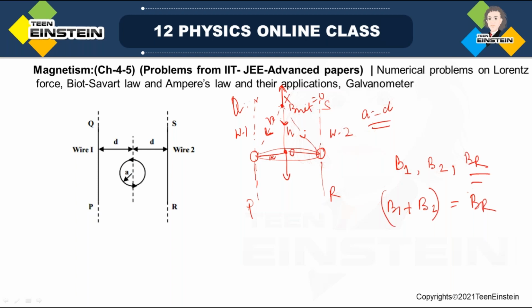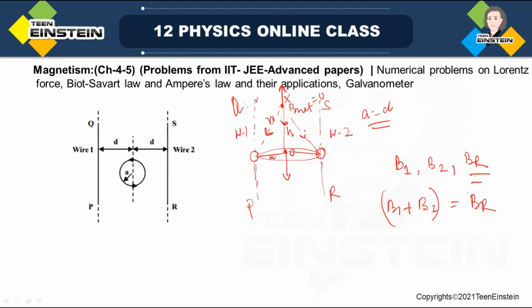Sorry, r is not equal to a; r is equal to this one. We are calculating the magnetic field at this particular point h, so we take the magnetic field at distance r.